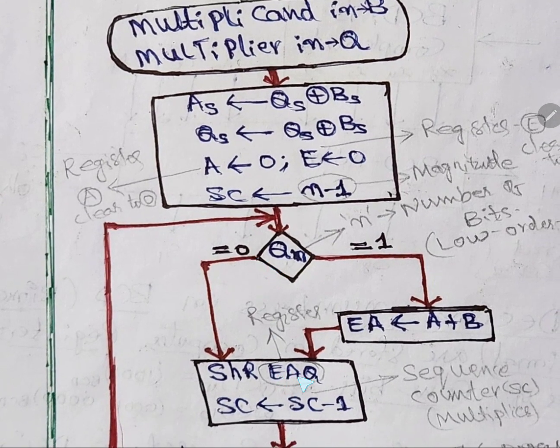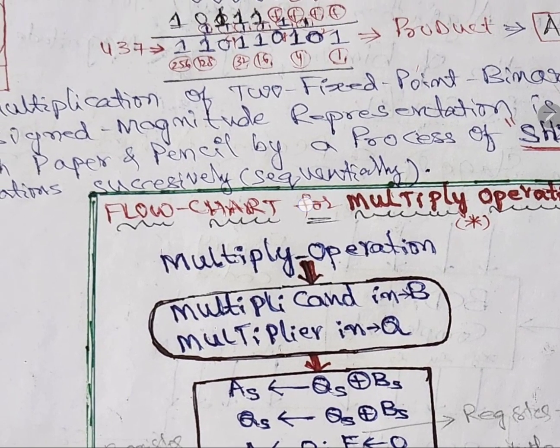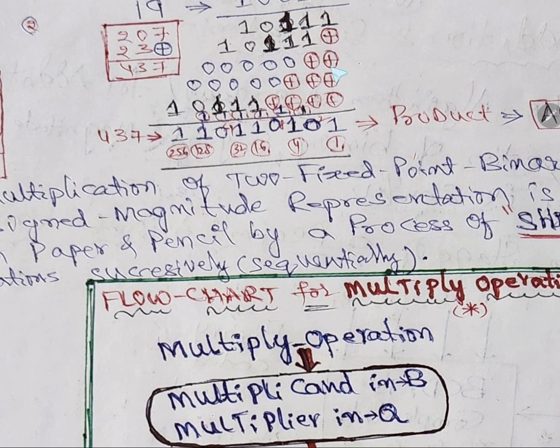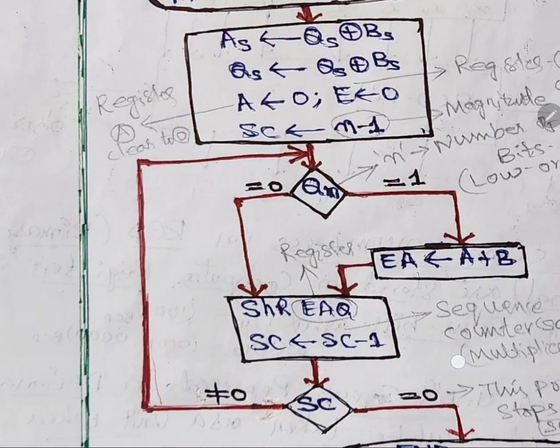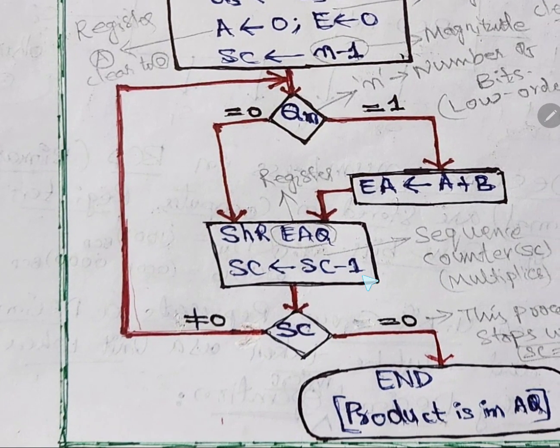When it is 0, it will be shifted right and the sequence counter is reduced by 1. And if it is 1, it will be added. EA is one more register, A plus B will be added. See here, it will be added. Then the sequence counter is reduced by 1, and it will be entered here.